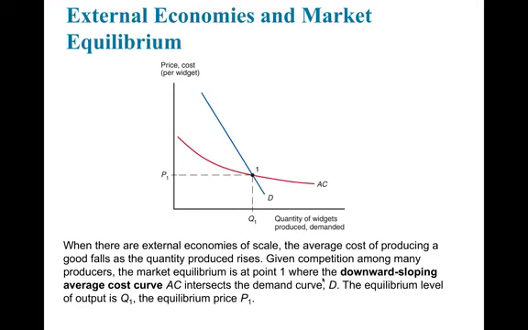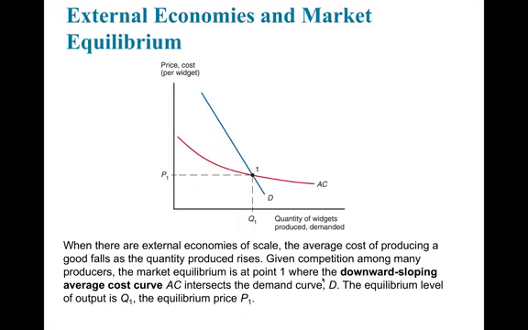Given competition among producers, like we are thinking here of an industry with many large firms competing, the market equilibrium is going to be at the point where the average cost curve intersects the demand curve.